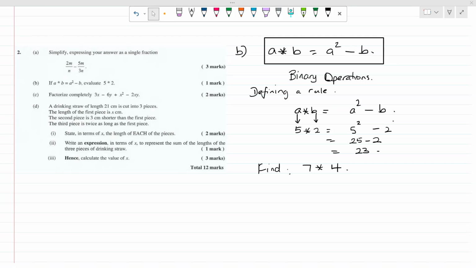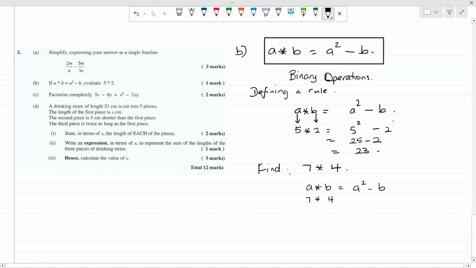What I tend to do is I always write back the rule, A squared minus B, and then I'll put this here so I can see clearly what A is and what B is. So A is 7 squared and B is 4. So again, 49 minus 4, the answer is 45. How many people got that? Yeah? That's excellent. So that's binary operations.